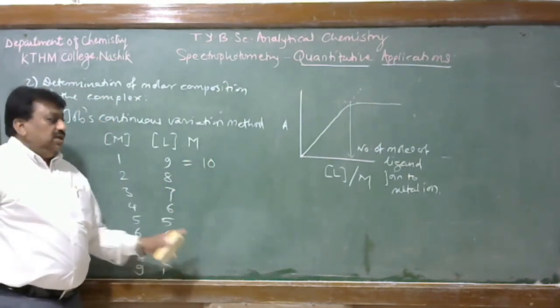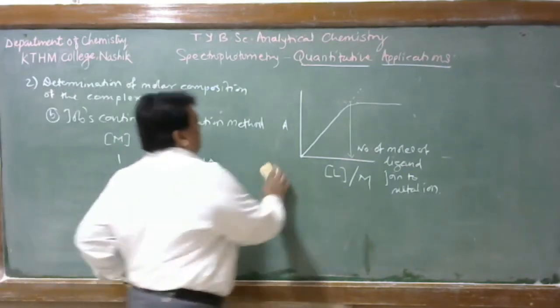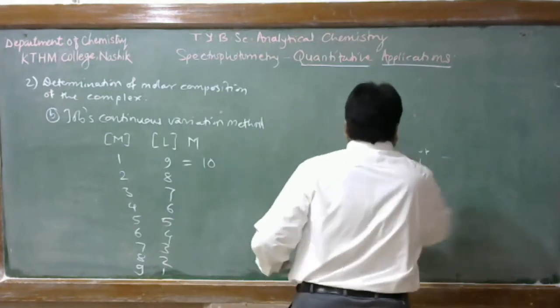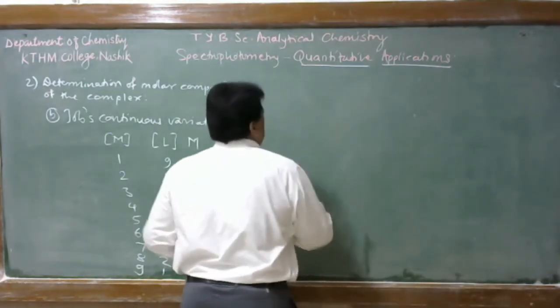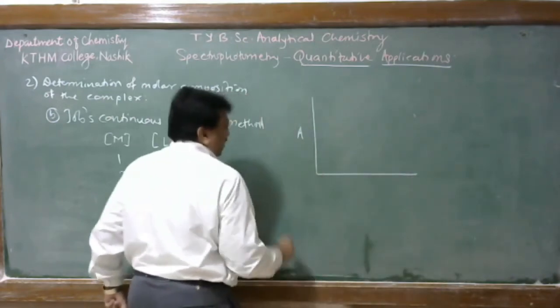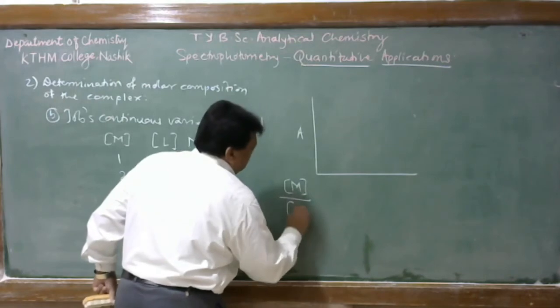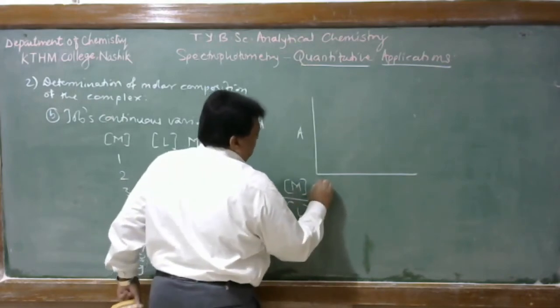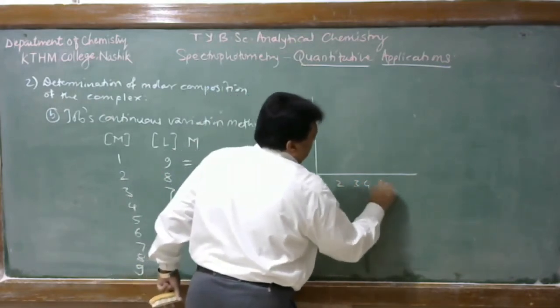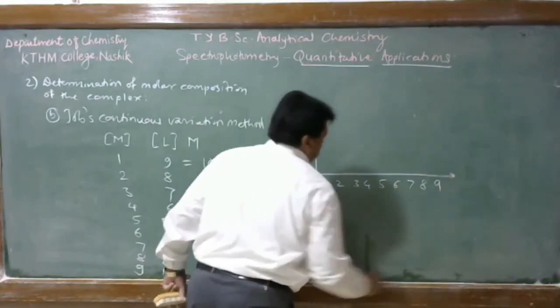to 10. In this case, we plot a graph of absorbance, measured for the solution, as a function of mole ratio, that is concentration of M upon concentration of L. Therefore, here 1, 2, 3, 4, 5, 6, 7, 8, 9 and so on.